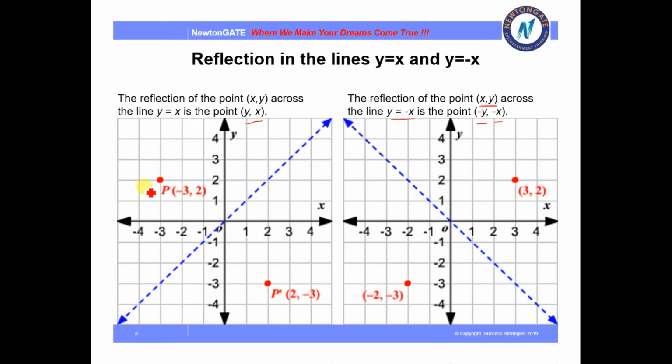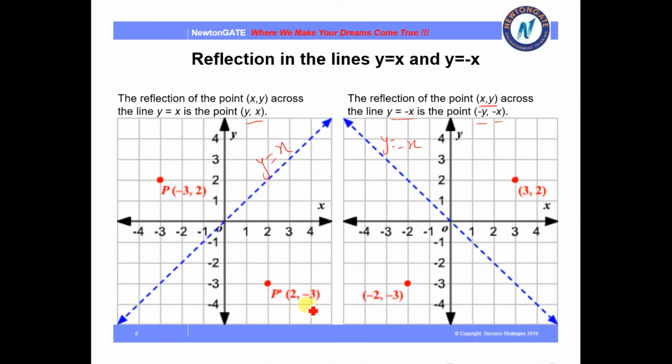See the example here. The point P minus 3 comma 2 is reflected in the line y is equal to x and the line y is equal to minus x. When point P minus 3 comma 2 is reflected in y is equal to x, the value of y becomes the value of x and the value of x becomes the value of y.